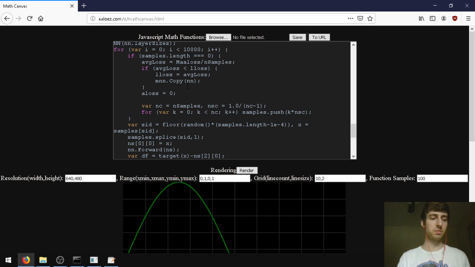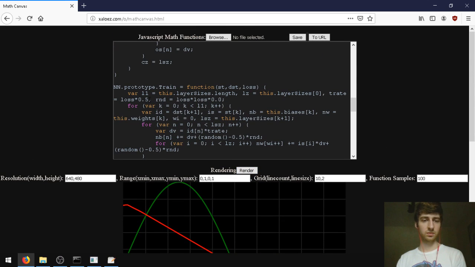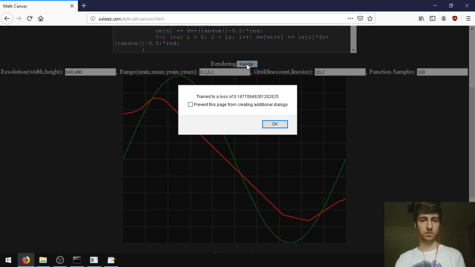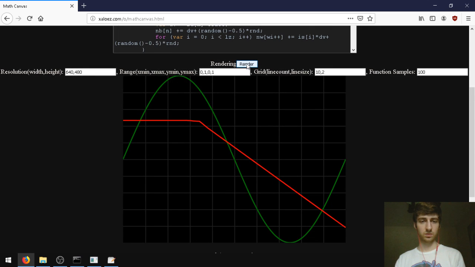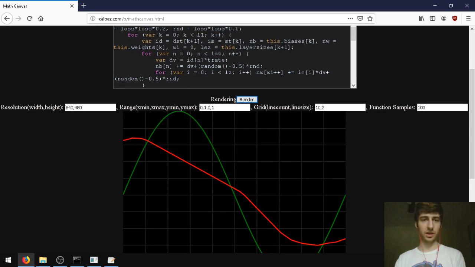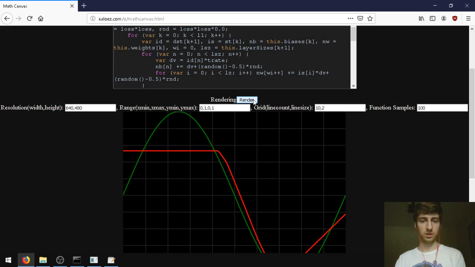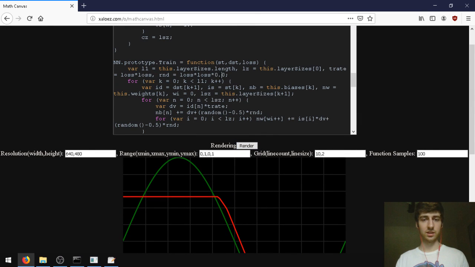This is supposed to be min 1. It's actually not horrible at training right now. So it's better with a higher or lower learning rate? Well, it's actually way better with higher.